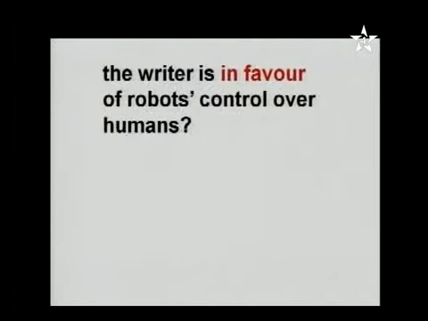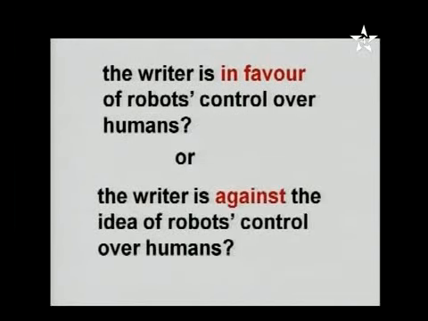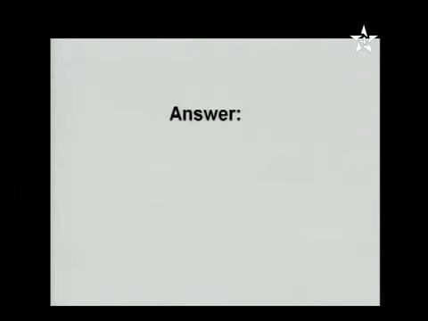So, do you think the writer is in favor of robots' control over humans? Or the writer is against the idea of robots' control over humans? Right? So is he in favor or against the idea of one day robots control and manipulate human beings? Right?